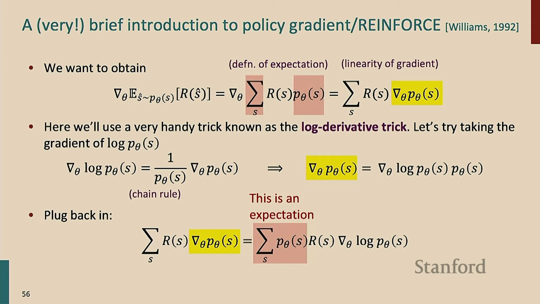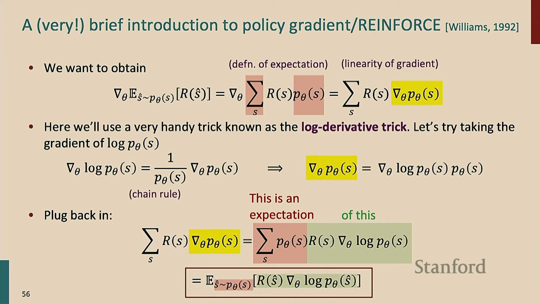We are summing over a bunch of samples from our model, weighting each by the probability of that sample, which means we can rewrite it as an expectation of this quantity here. This gives us a newer form of the objective. These two are equivalent, the top and the bottom. What has happened is we've shoved the gradient inside of the expectation, if that makes sense.